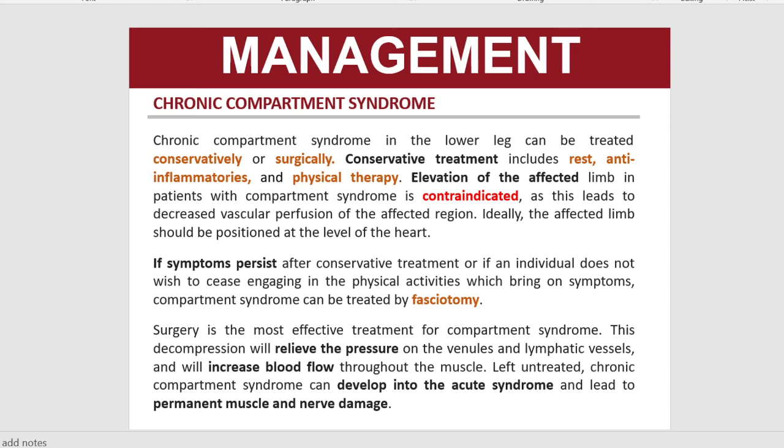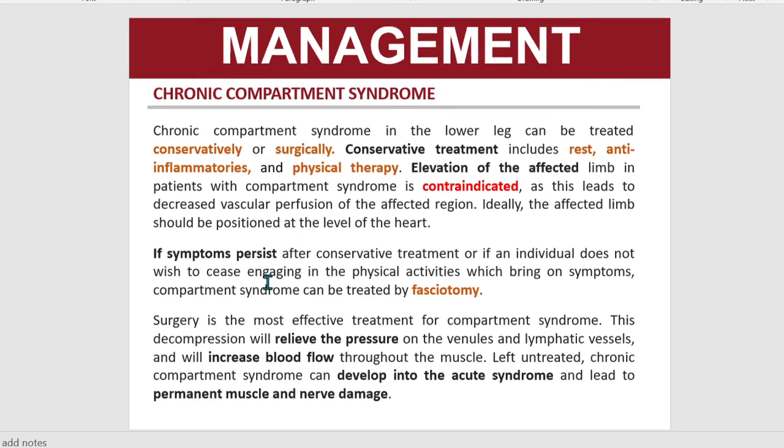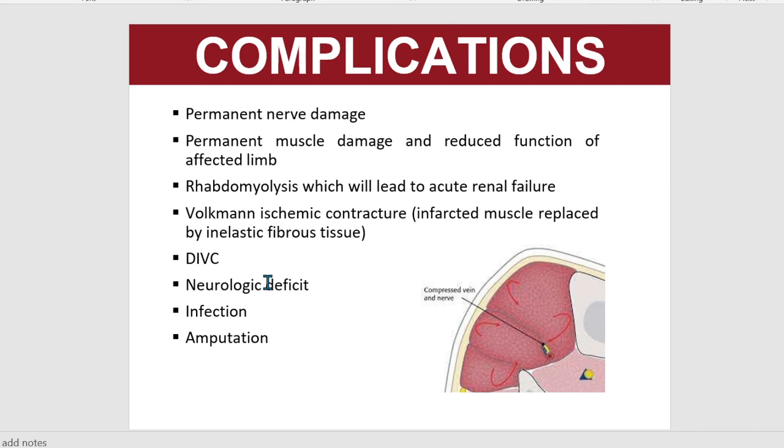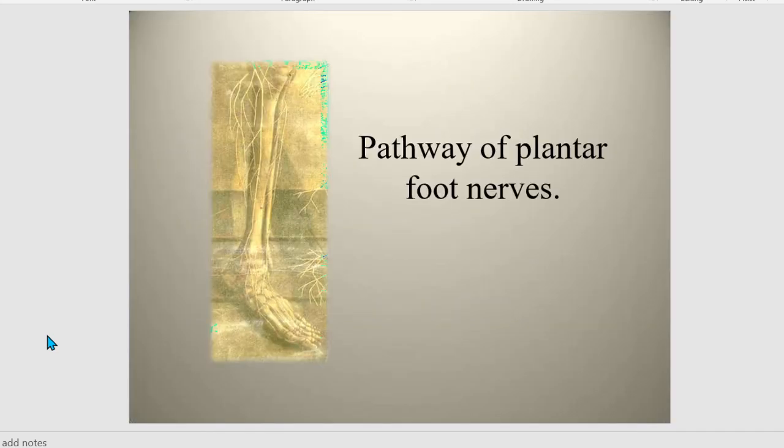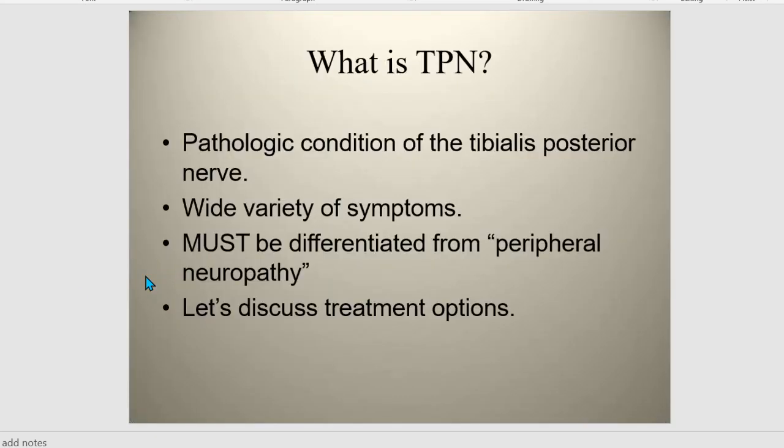Now let's go to neuropathy. The most common is tibialis posterior neuropathy. What is TPN? TPN is a pathologic condition of the tibial posterior nerve, with a wide variety of symptoms, but it must be differentiated from peripheral neuropathy.